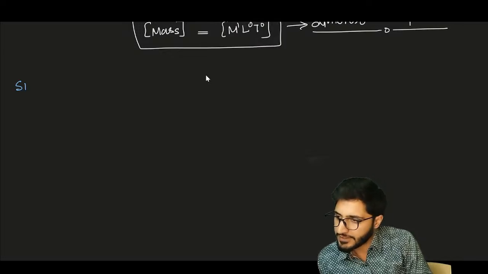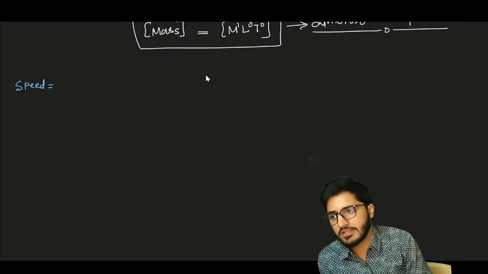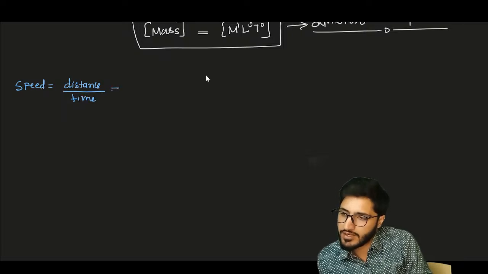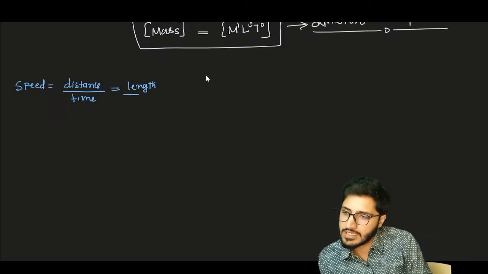Now look, we have speed. What is speed? It is distance by time. Distance is length, time is time.